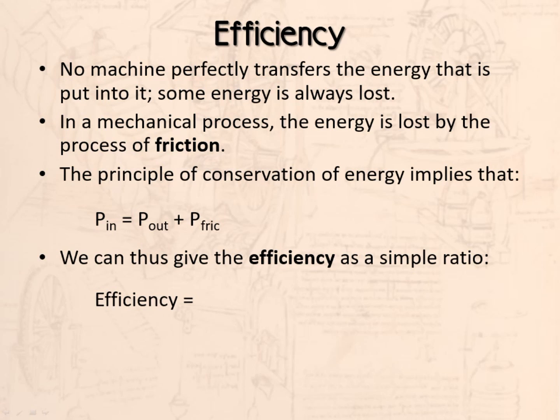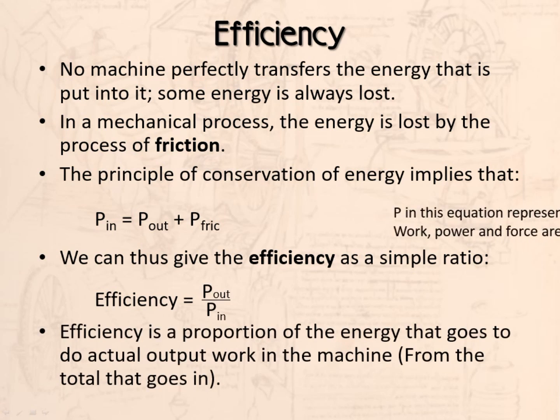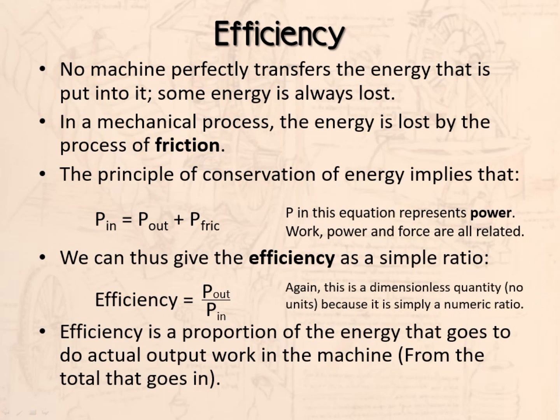If we give the efficiency as a ratio, which is the power out over the power in, then we get a number between 0 and 1. This will be just a proportion of energy, the amount of the total energy that went into the machine that actually gets used as work.